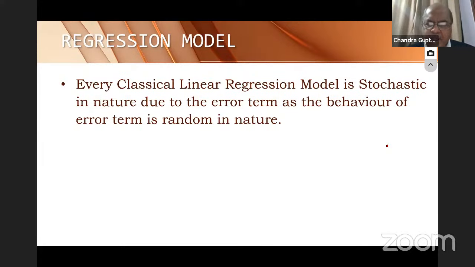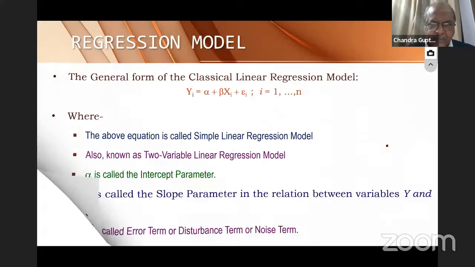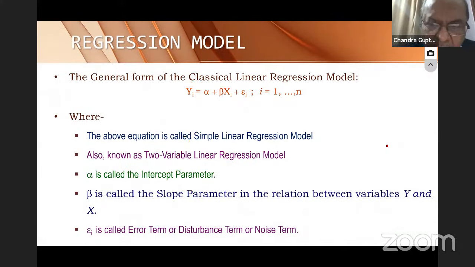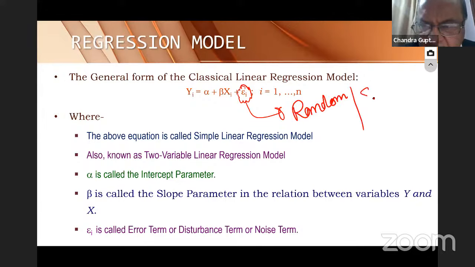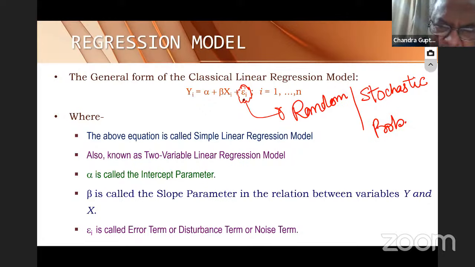And every regression model is stochastic in nature because of the error term. The error term which we have here, its behavior is random. Stochastic means probabilistic. And since my error term is behaving in a random fashion, my y also moves in a random fashion.